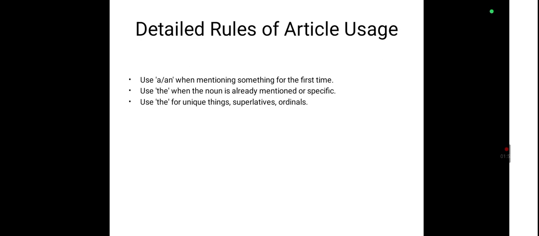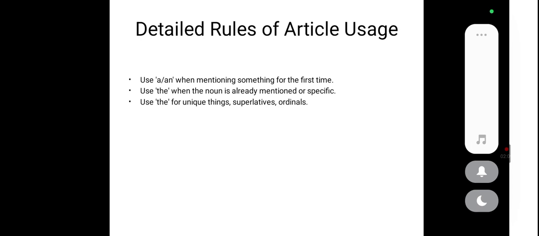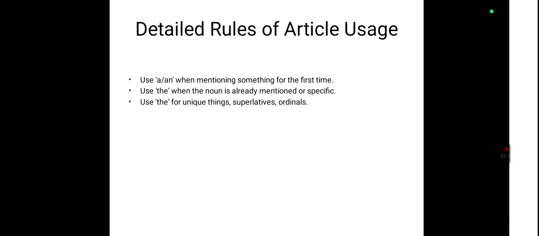A snake is mentioned the first time, and when you are discussing that mentioned snake: the snake was hiding under a rock. First I used a snake, then I used the snake. It means first I mentioned a snake in the first sentence, then I am talking about that mentioned thing in my second sentence. That's why I used the snake.